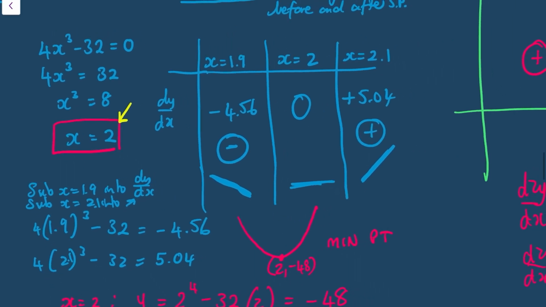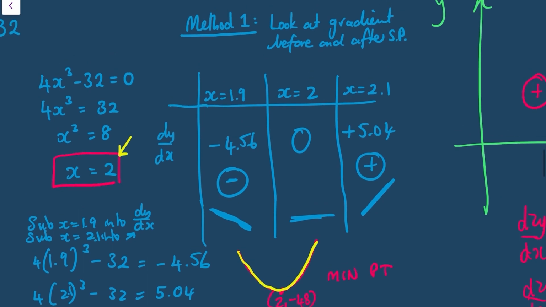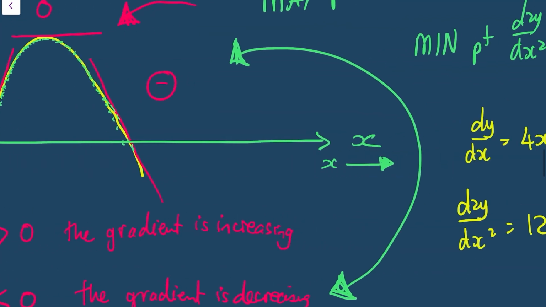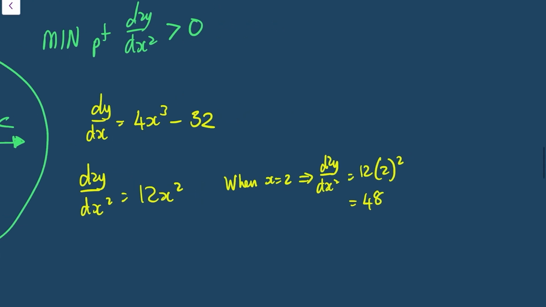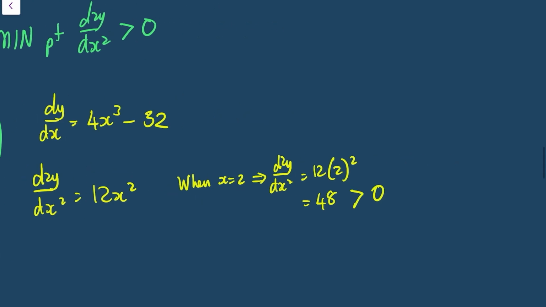We've already shown that this is a minimum point. We already proved it using method 1, looking at the gradient before and after the stationary point. But now look what happens to the second order derivative. When x is equal to 2, d2y by dx squared is equal to 12 times 2 squared, which is 48. 48 is positive, it's greater than 0.